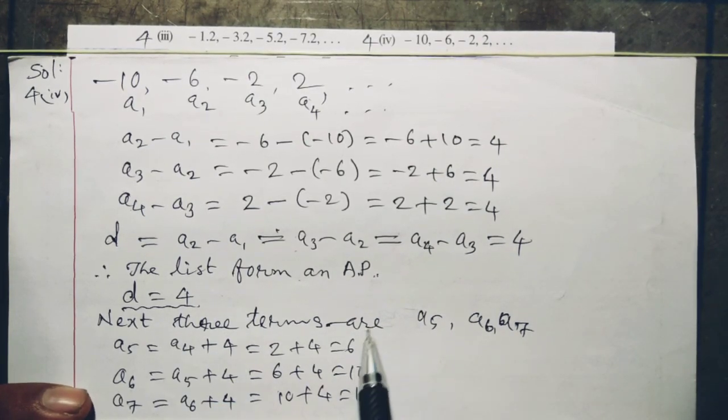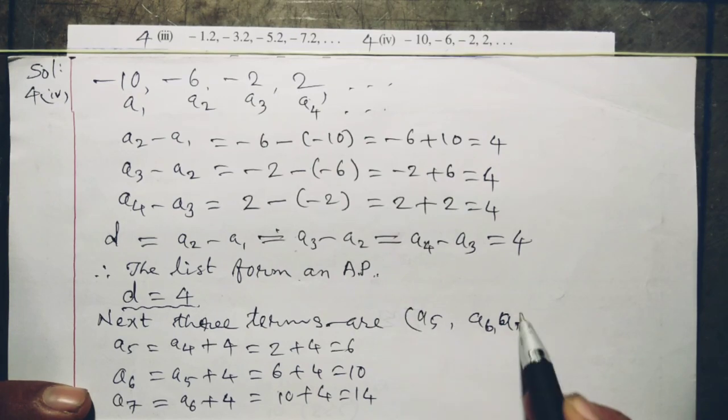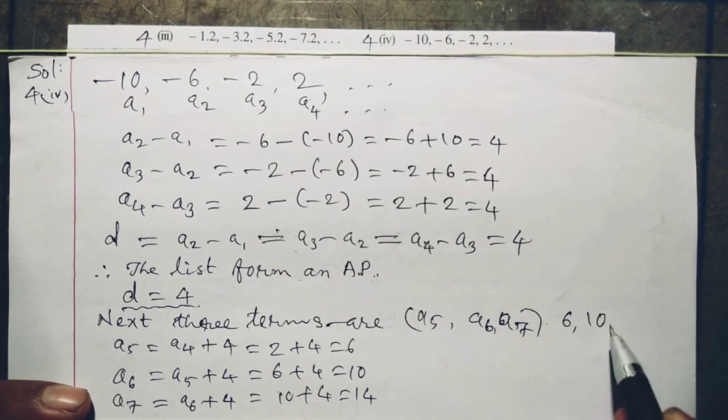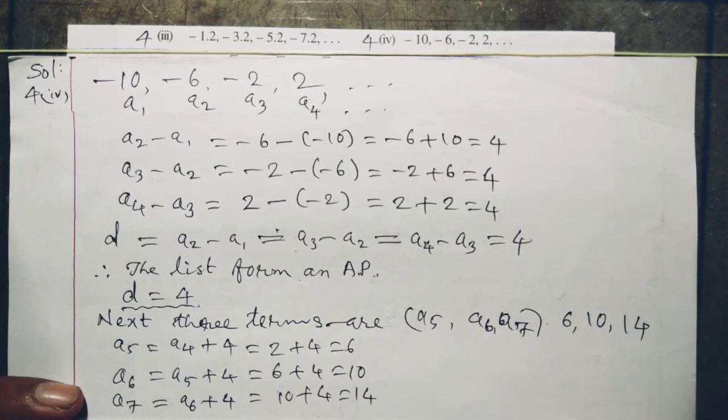Therefore next three terms are, what, these: 6, 10, 14.